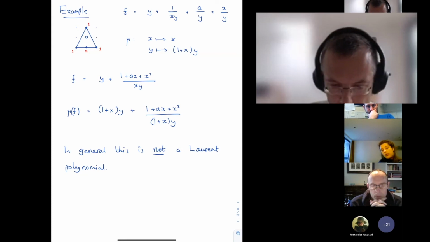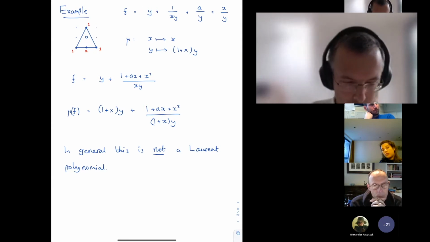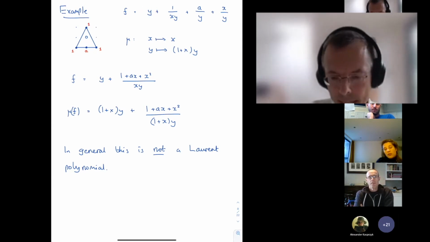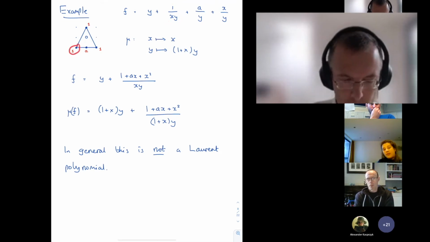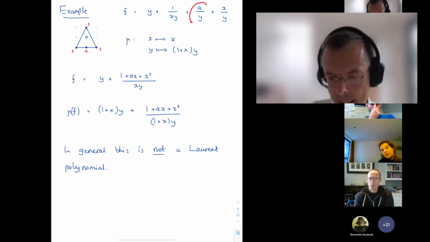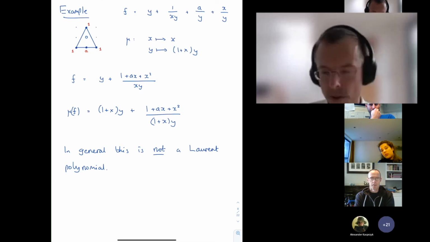So the exponents here are, this is x to the 0, y to the 1. So there's the point 0, 1. This is x to the -1, y to the -1. So there's the point -1, -1. This is the point 0, -1. That's the point 1, -1. And I take the convex hull and I get its Newton polytope, which is this triangle over here.